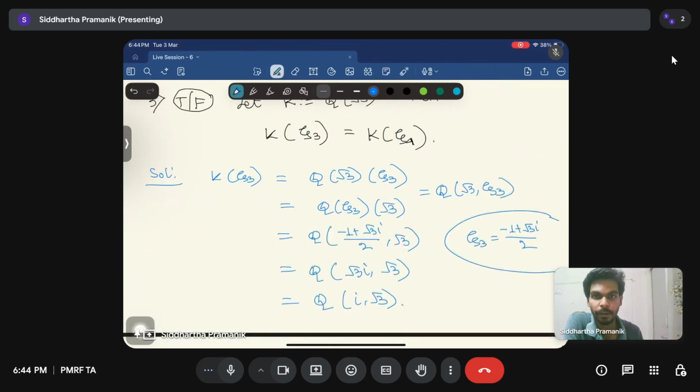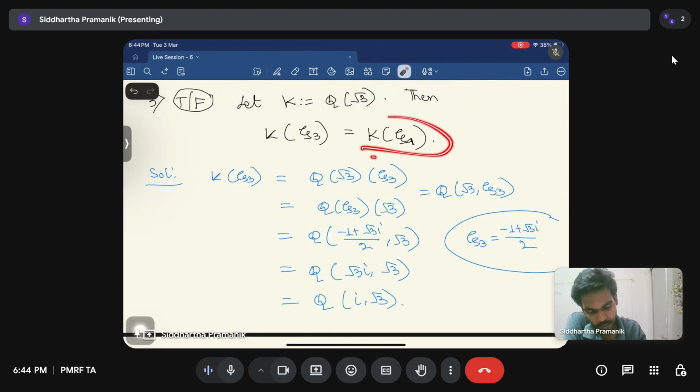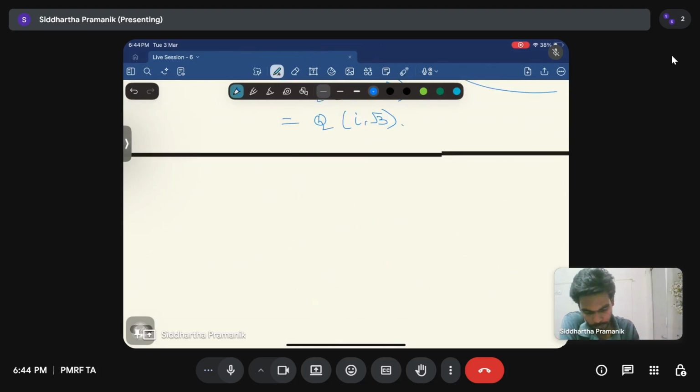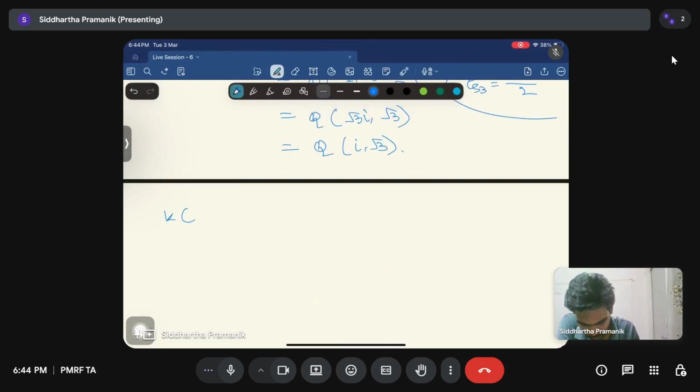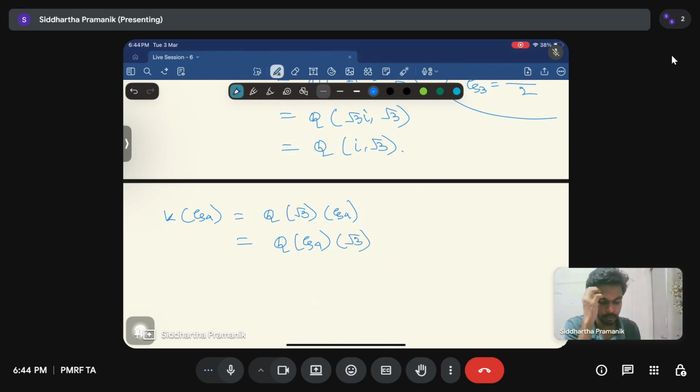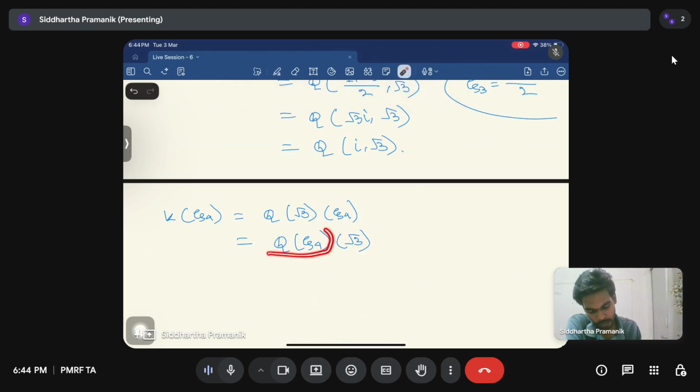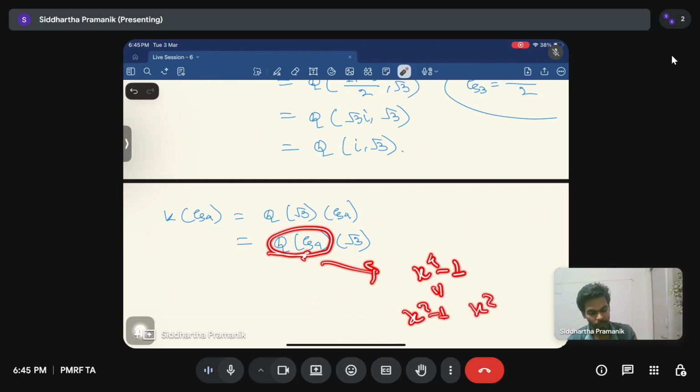Okay, so we have got the left hand side. Now let's find the right hand side, which is K adjoint 4th root of unity. So K adjoint zeta 4. Again we can write this as Q root 3 adjoint zeta 4, which is the same as Q adjoint zeta 4 and adjoint root 3. But Q adjoint zeta 4 is the fourth cyclotomic field, the splitting field of x power 4 minus 1, which is x square minus 1 and x square plus 1.